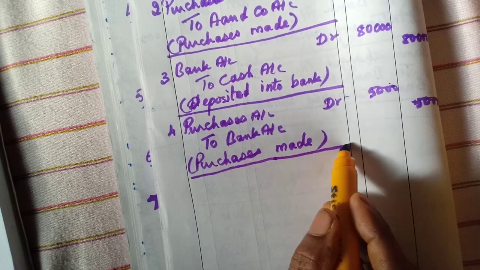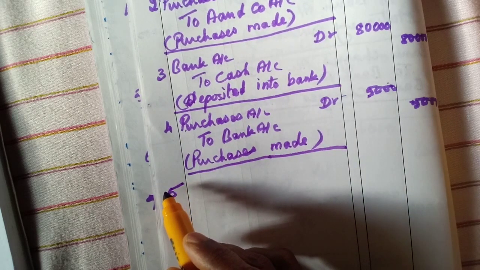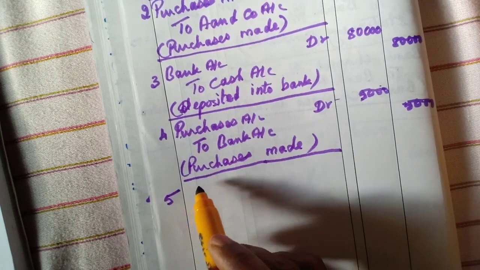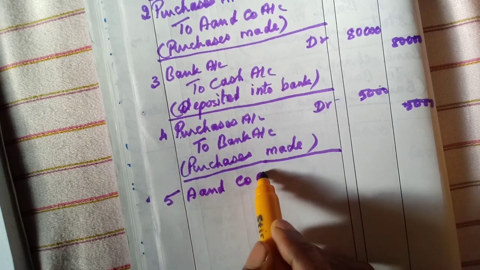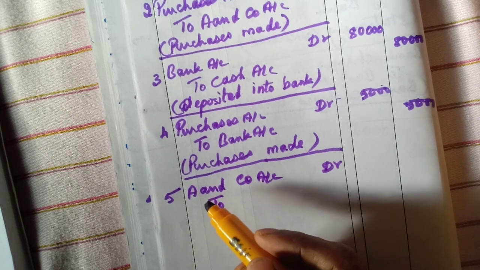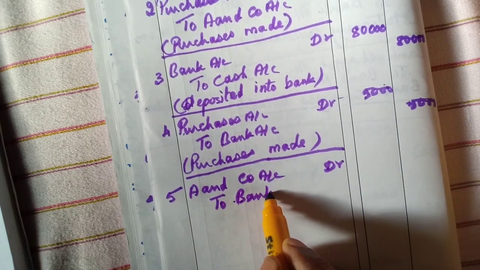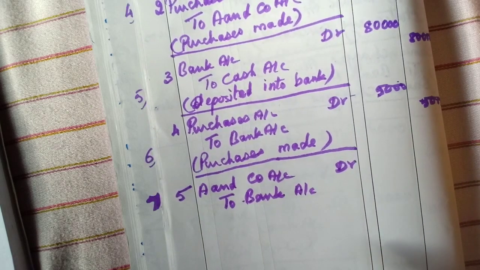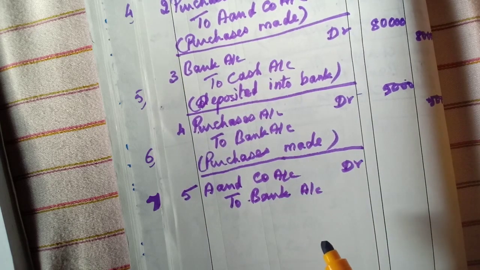Draw a line. Then 5, paid A and Co through RTGS. So A and Co is the receiver. So A and Co account debtor. We are making payment through RTGS, that means through bank. Many ways of making payment through the bank: RTGS, NEFT, then credit card, debit card.